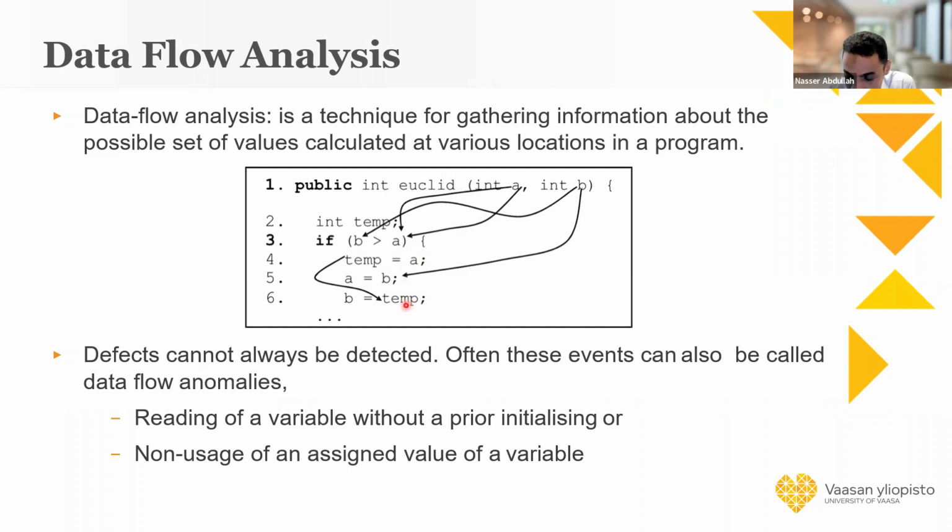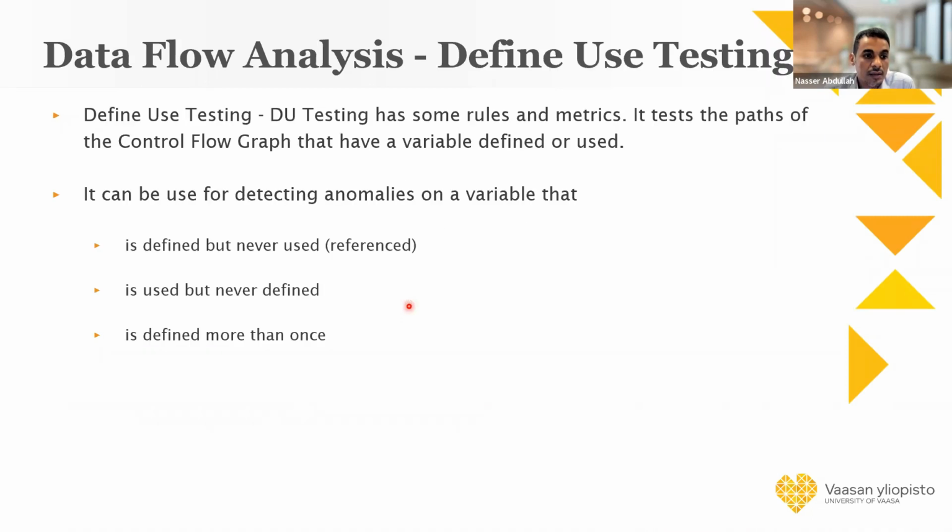We just try to trace these two numbers, where they go and when it ends. But we have another method to analyze the data flow, which we call define and use. Its purpose is to detect unused variables.